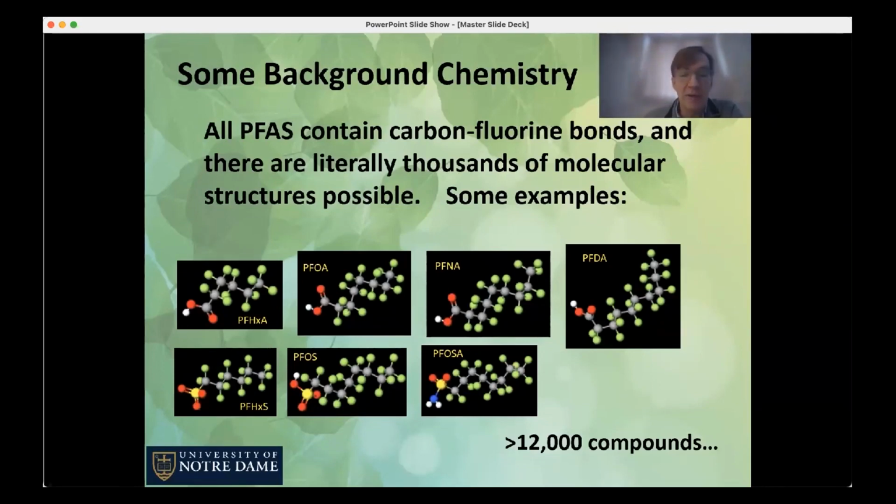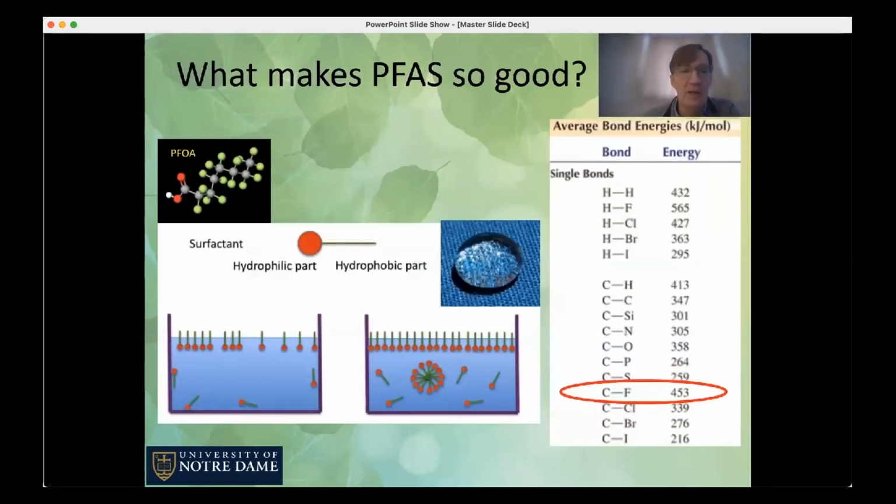These give them different properties, but all of them have a wonderful surfactant property where one end loves water and the other end likes air, or something that isn't water. And so they work well as a soap, but they also work extremely well as a surfactant layer to prevent water resistance or stain resistance.